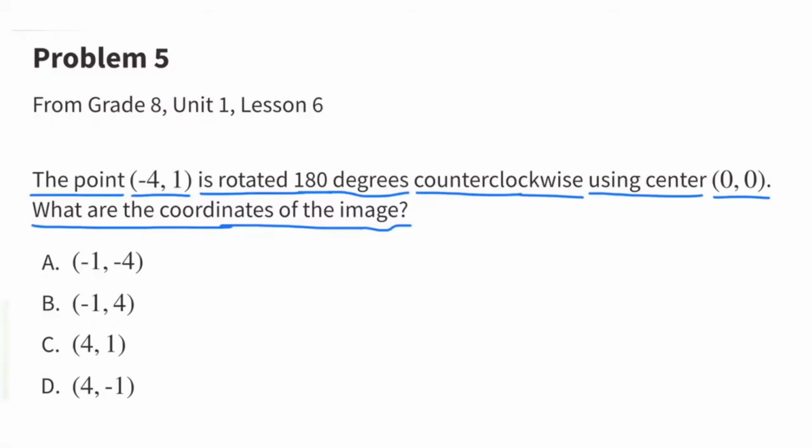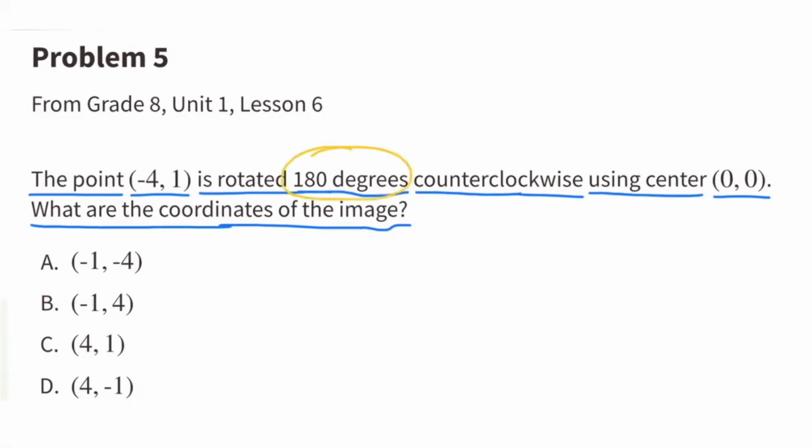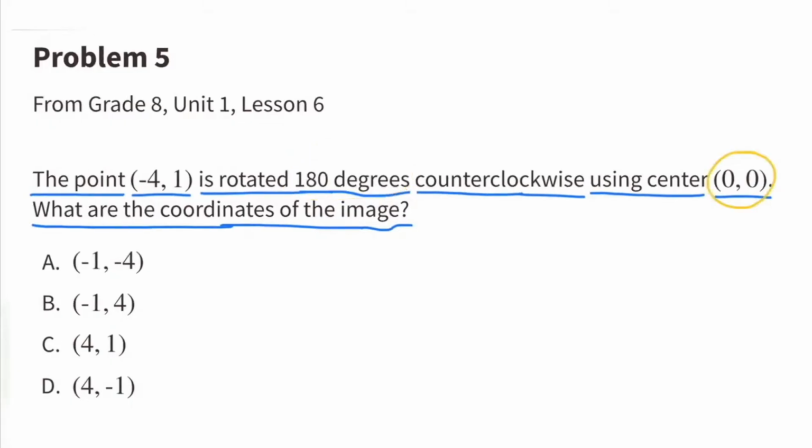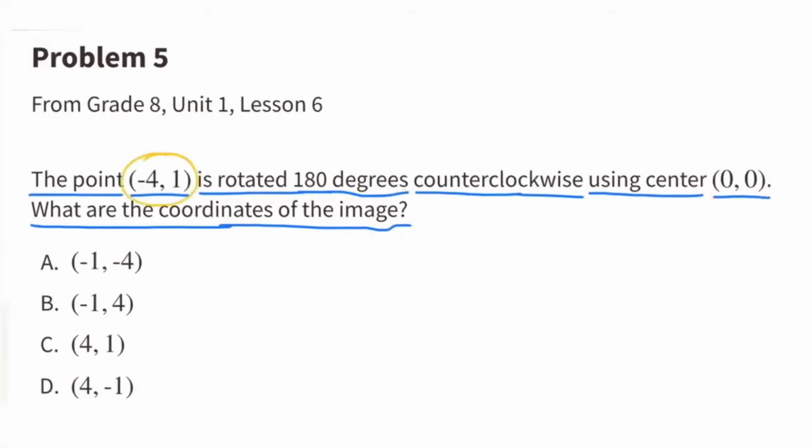Number 5. The point (-4, 1) is rotated 180 degrees counterclockwise using center (0, 0). What are the coordinates of the image? A key piece of information is the 180 degree counterclockwise rotation using center (0, 0), and the point (-4, 1).